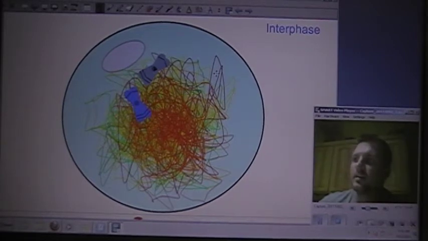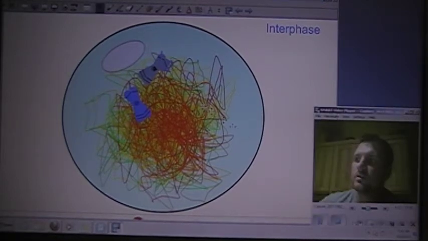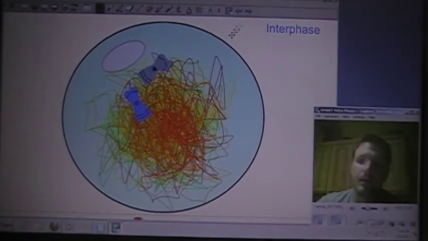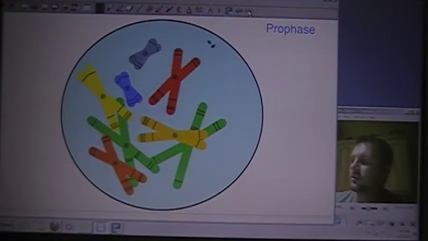As I label this one 1 and this one 2, we notice that this chromatid is the exact same as this chromatid, and they are exact pairs. They are copies.